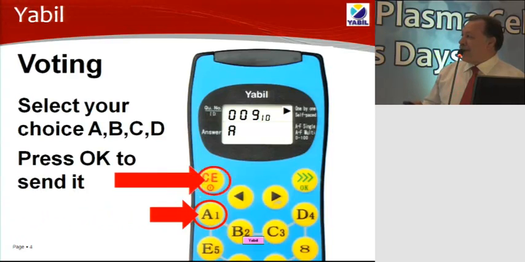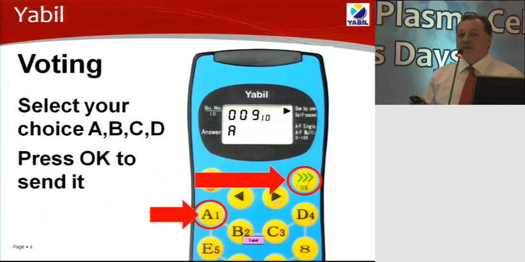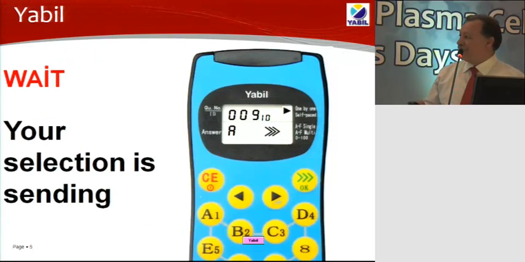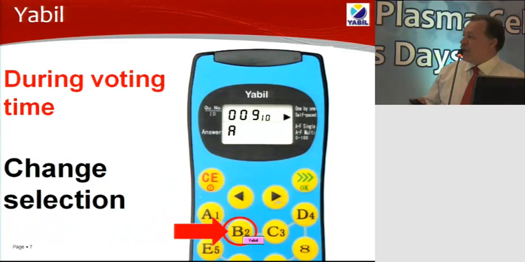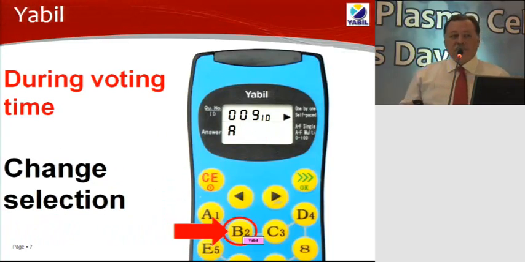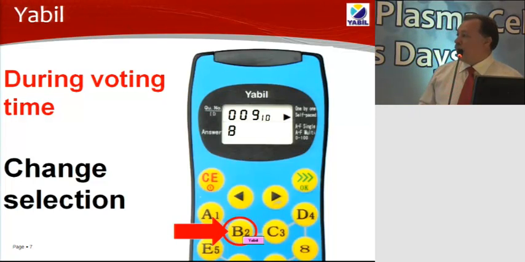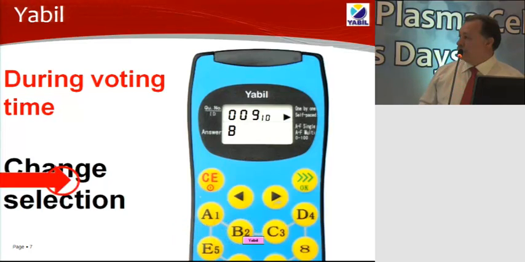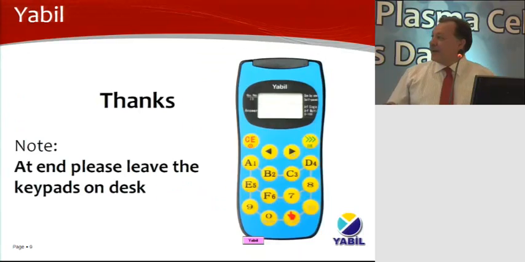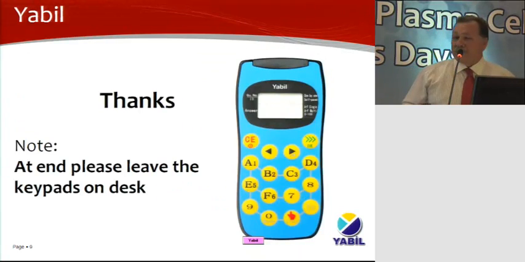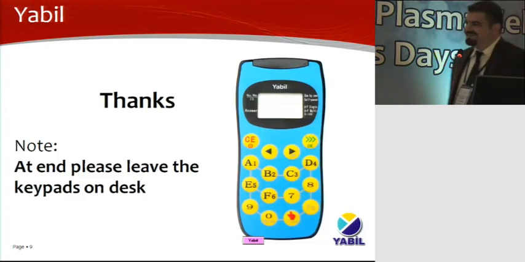Then press OK at last to send your answer to the system. If you want to change your selection during voting time, please press another key and then send it with the OK button. That's all. Thanks. And at the end, please leave the keypads on the desk. It's very complicated, I think, it looks.